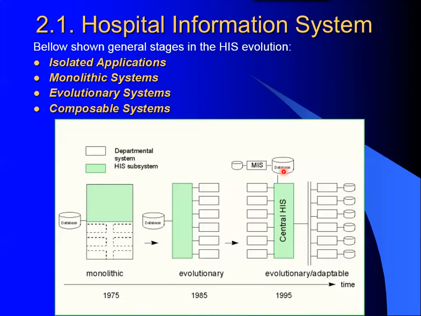As for the historical review of information systems, it is very similar to what I demonstrated previously for general information system history. It was born relatively at the beginning of the 1960s of the 20th century, and up to the end of the 20th century, it evolved into adaptable distributed systems.